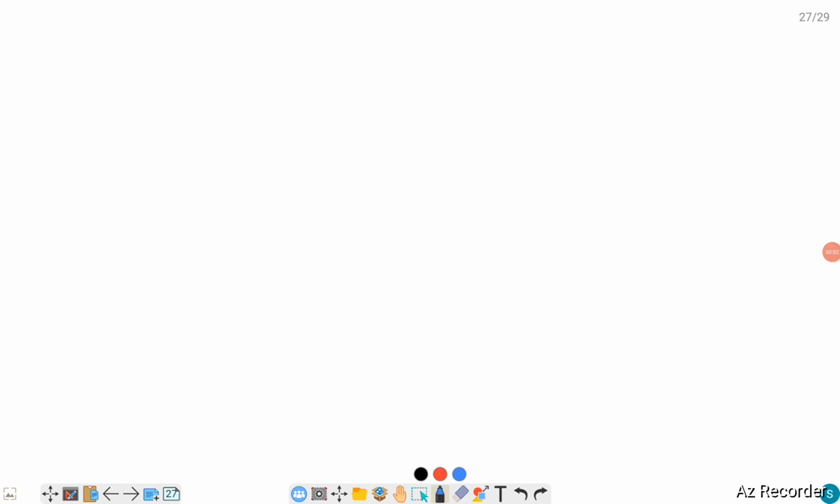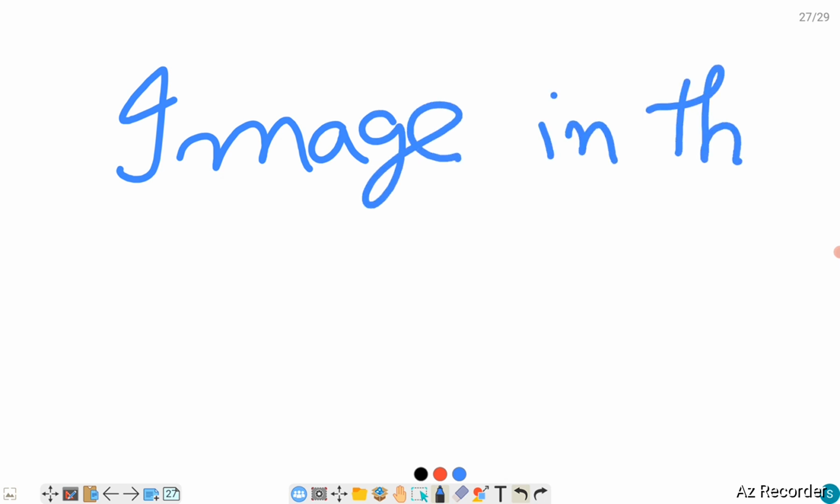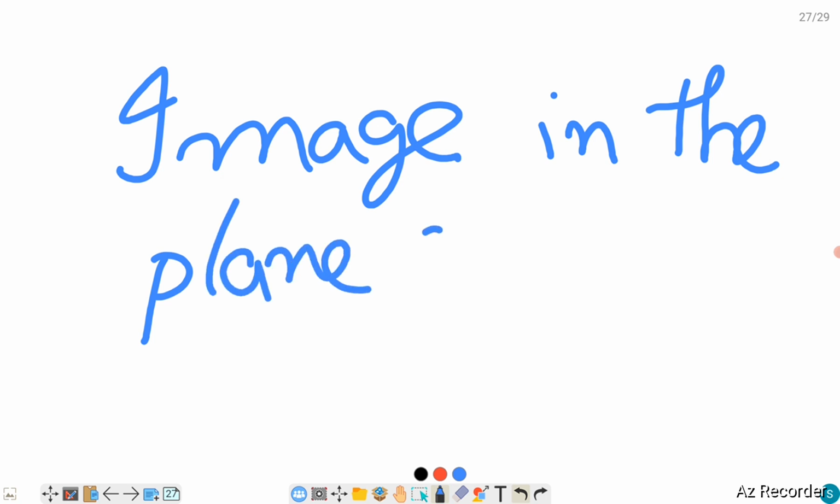Now we are able to see the objects by irregular reflection. How can we see our image in the plane mirror? We can see our image, correct? And that will be same like us only.